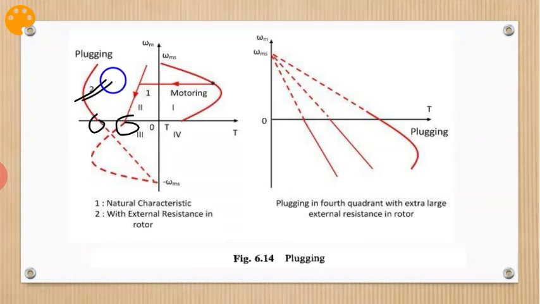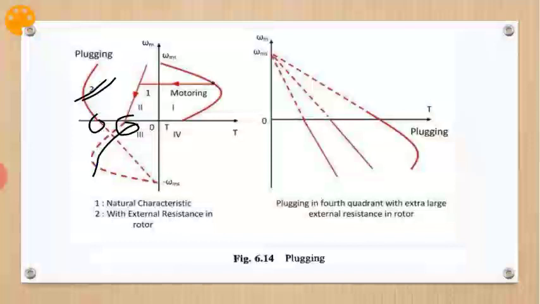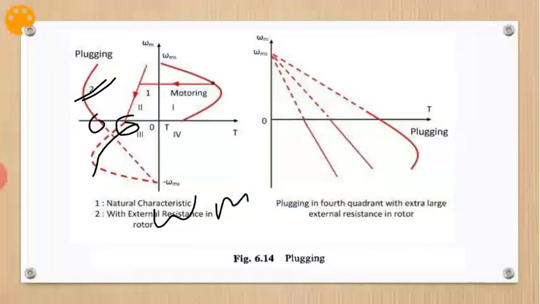Now when we want to stop the motor, if you look at this characteristic, as soon as it reaches here, it will be accelerated in the reverse direction, because this is the speed in the reverse direction. It becomes third quadrant operation and the motor will be driven in the reverse direction.